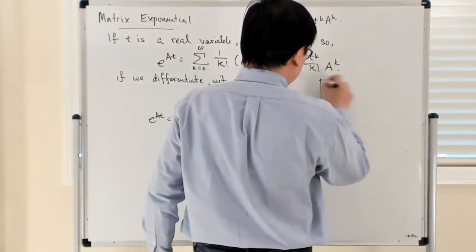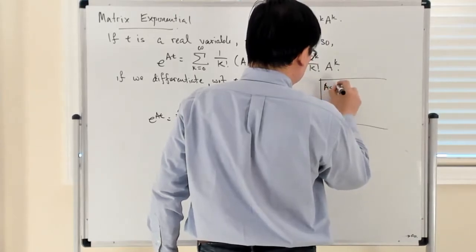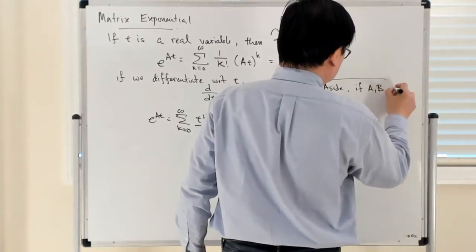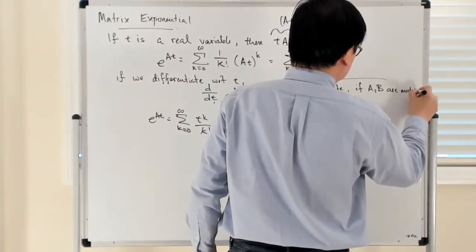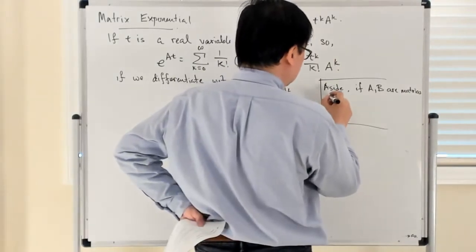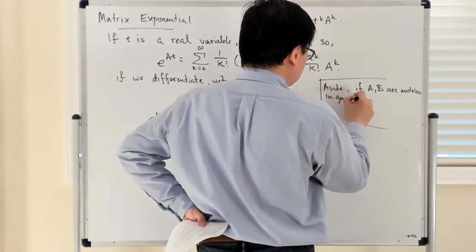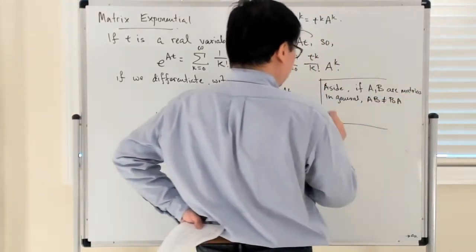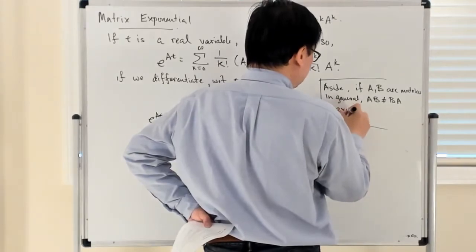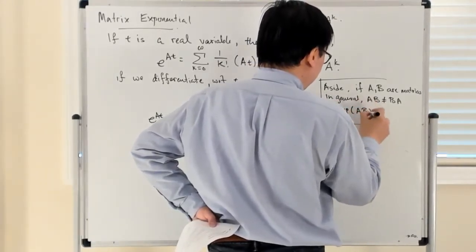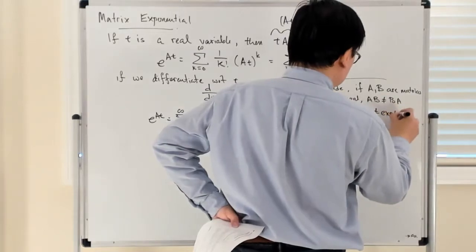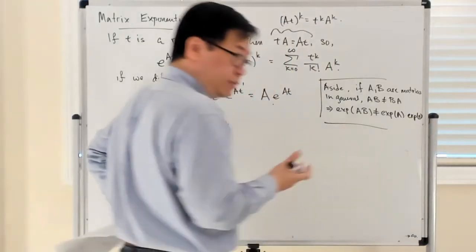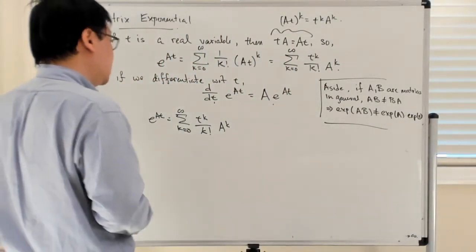So this is an aside. If A, B are matrices, then in general they don't commute: A times B is not equal to B times A. And in that situation, the exponential of A plus B is not equal to the exponential of A times the exponential of B. So one has to be careful about this.